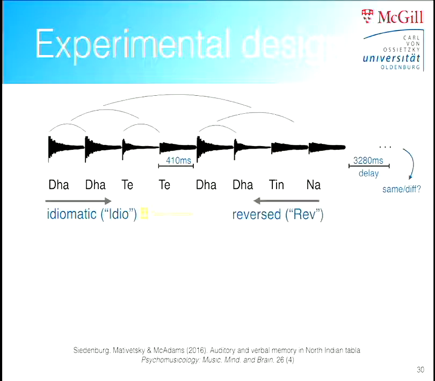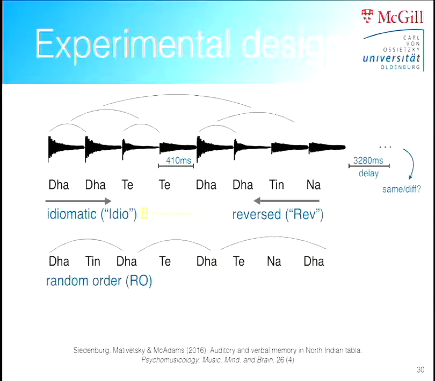And then the second condition, in terms of the sequence structure we used, was that we just reversed the sequences. So this would retain this sort of hierarchical structure, but it would make the sequences that are idiomatic to tabla players non-idiomatic to tabla players. So it simply removes the aspect of sequential familiarity from the tabla players.